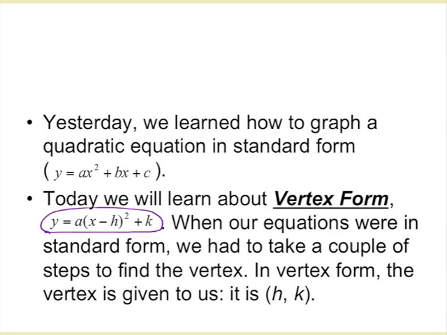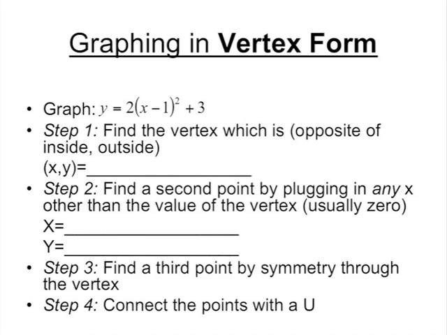What is with the x is going to move our vertex side to side, but it's going to go backwards. So our vertex is going to be at the opposite of what's with the x, comma, the k value, whatever's at the end. So step one is to find that vertex. Opposite of inside, comma, outside. So our vertex in this first example is 1, 3.